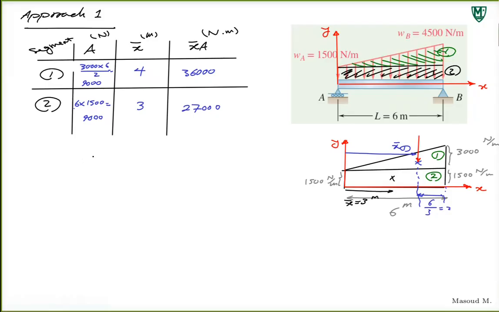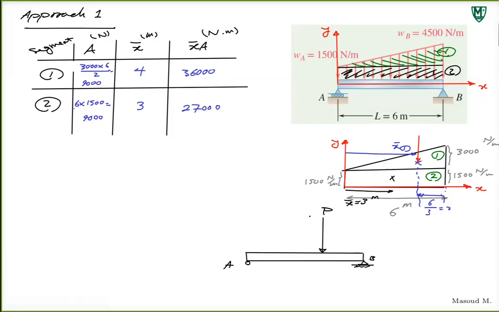Now you're trying to find the center at which the distributed load should be applied. We're trying to find two things. Remember, this is what we're trying to figure out. This is the beam. This is A, this is B. We're trying to find out where this load is located, if you want to put just one point load, and what is its magnitude.